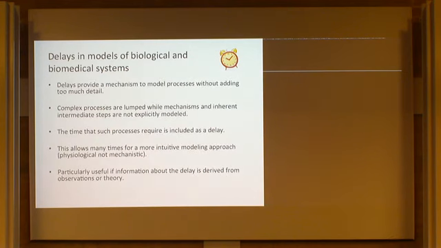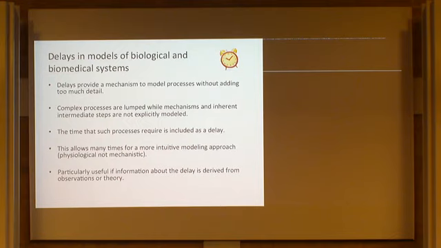Now, why do we use delays? Obviously they provide a mechanism to model processes without adding too much complexity. These processes are quite complex, and we just lump the mechanisms and the intermediate steps that we either do not want to explicitly model or that we cannot model because we don't have enough knowledge.